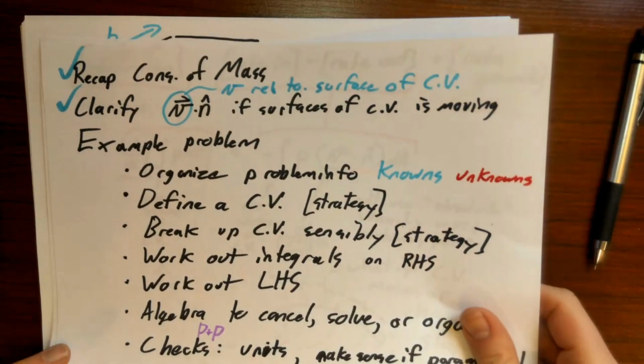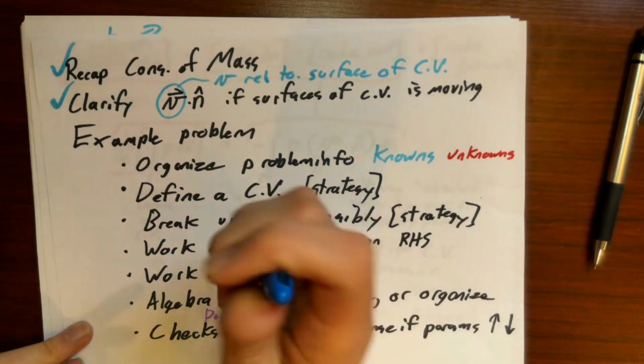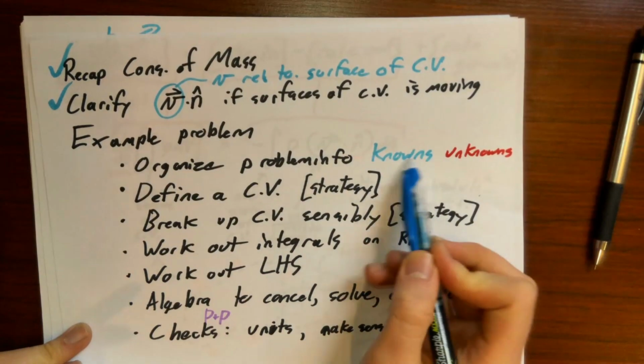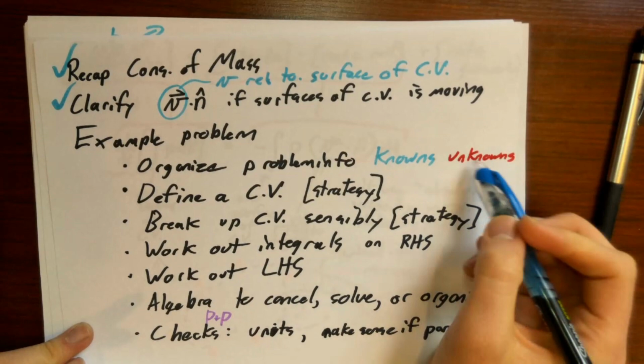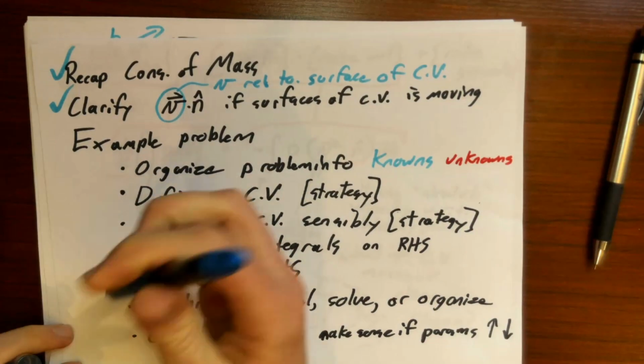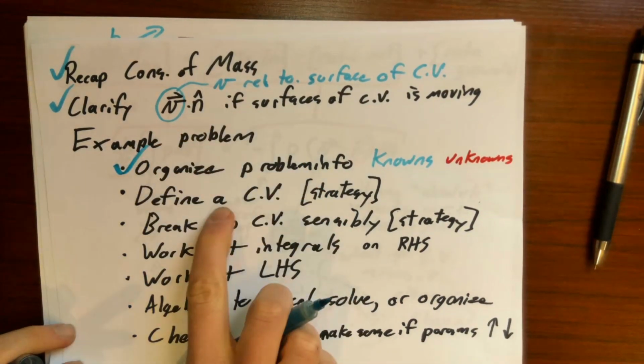At this point we've organized our problem info: a bunch of knowns and a clear goal for the unknown we're working toward. Next step is to define our control volume.